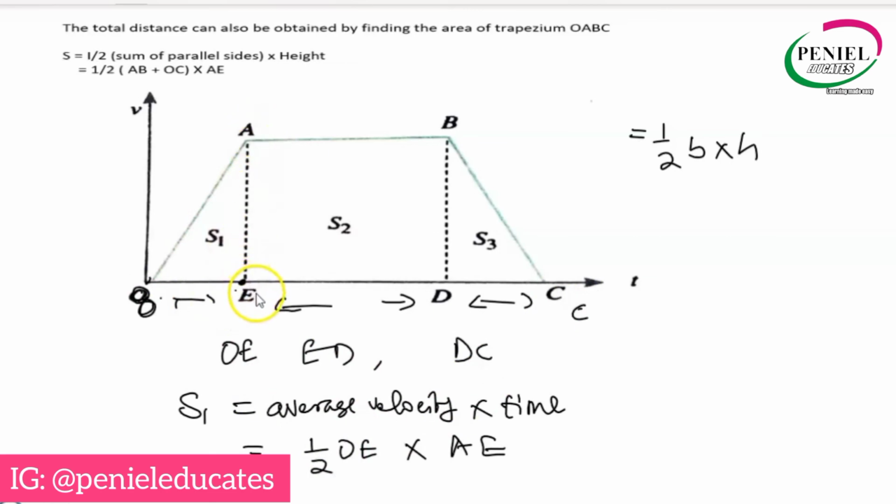That is how to find S1. Don't forget the total distance is going to be S1 plus S2 plus S3. You get the distance here, here, and here, and once you add the three together, you get your total distance. Now, how do we calculate S2? This is just the area of a rectangle, AE multiplied by ED, length times breadth.